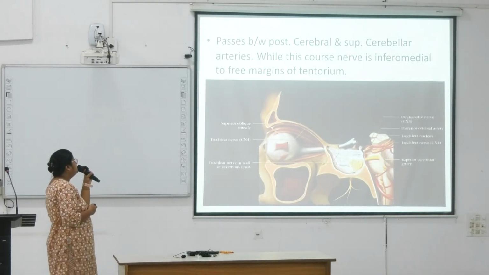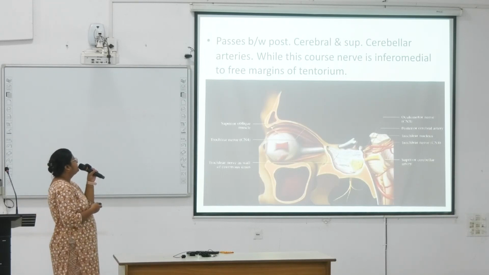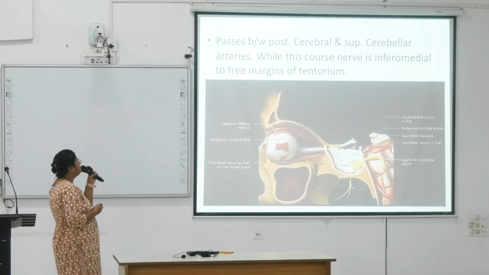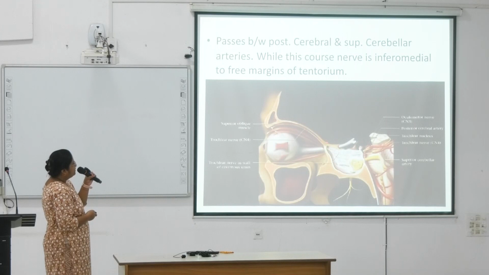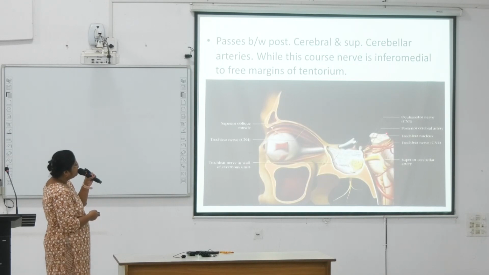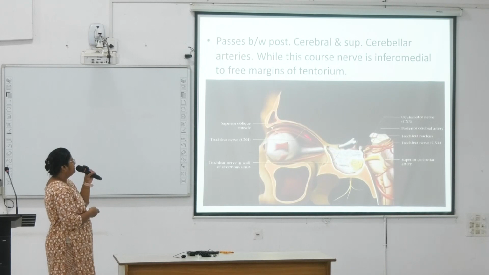it passes between posterior cerebral and superior cerebellar arteries, while in this course the nerve is inferomedial to the free margins of the tentorium cerebelli. Here you can see the trochlear nuclei, and this is the trochlear nerve passing through cavernous sinus, through the superior orbital fissure, entering into the orbit, supplying the superior oblique.